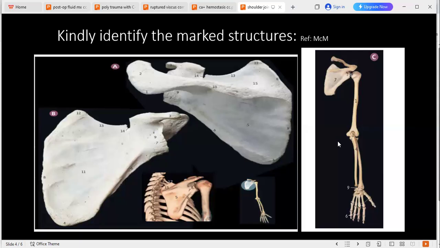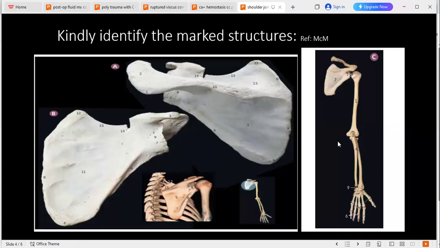Where exactly would you find the median cubital vein and cephalic vein? The median cubital vein is superficial to the cubital fossa.